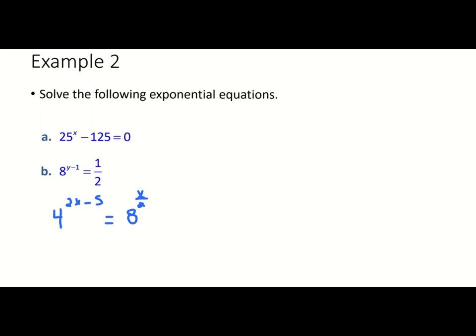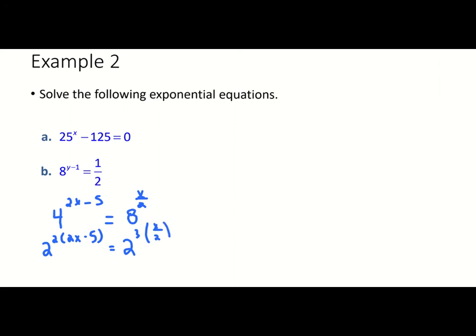Okay, so now what we need to do is convert them to the same base. I do know that 4 and 8, I can make into a power of 2. So remember, 4 is the same as 2 to the 2nd power, which is then going to be times your 2x minus 5. And then 8 is 2 to the third power, which becomes 3 times x divided by 2.